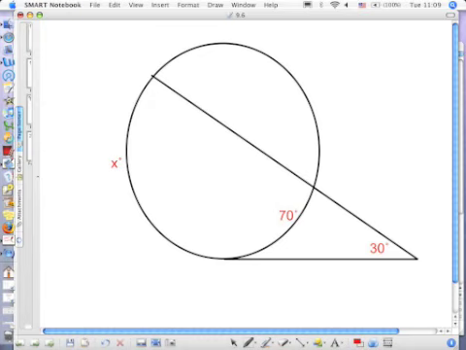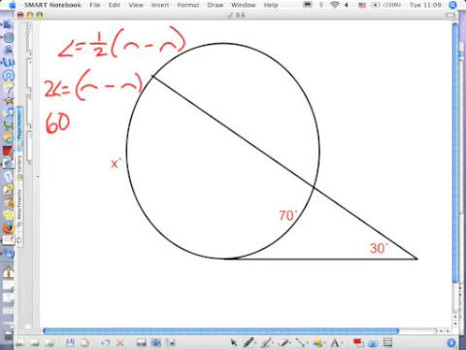Now I double the angle, but instead of subtracting, I add. Because if the angle is half of the difference, then the difference is equal to twice the angle. So 30 is half of 60, right?